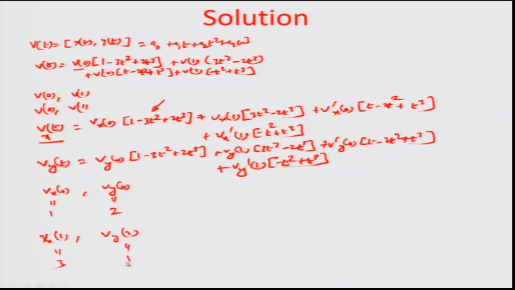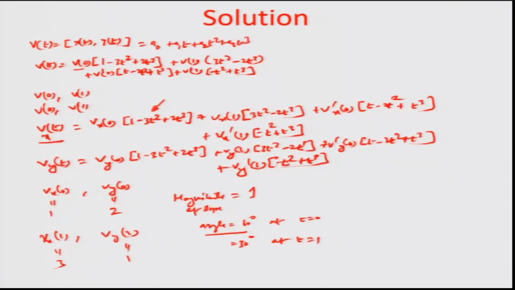Okay, and similarly as the magnitude of the slope is unity and the angle is 60 degrees at t equal to 0 and 30 degrees at t equal to 1, corresponding to both the extremities and both the end points, I should have the x slope and the y slope respectively at both the points.